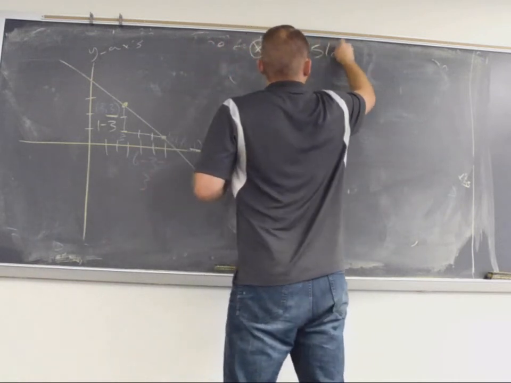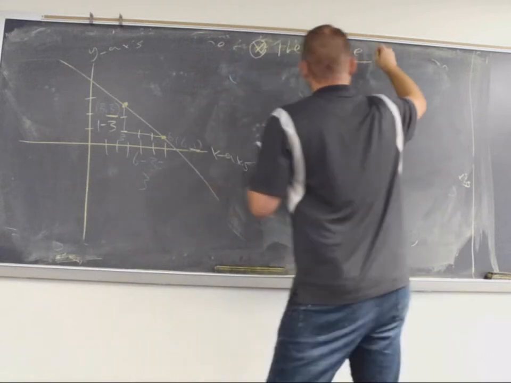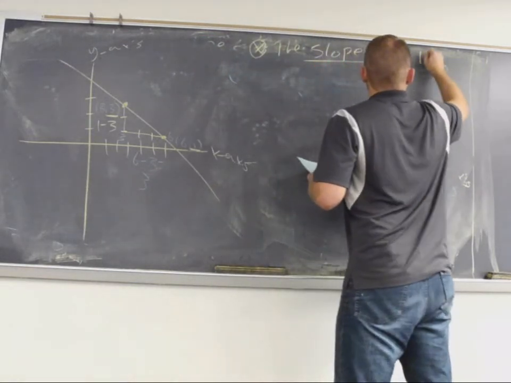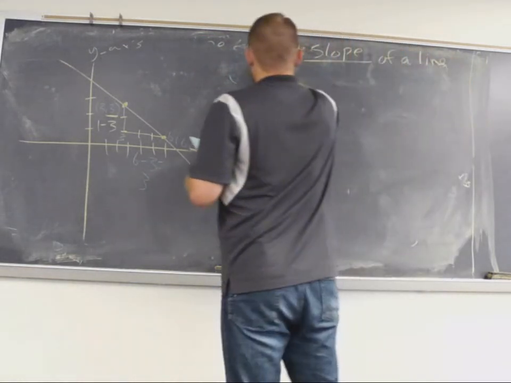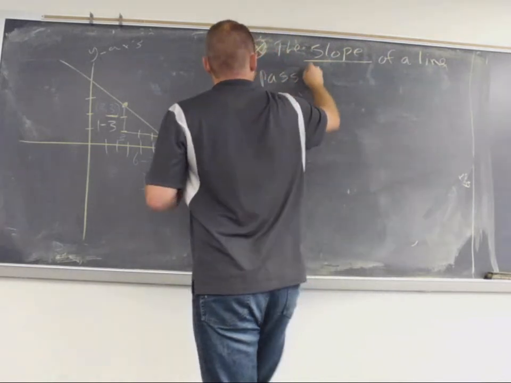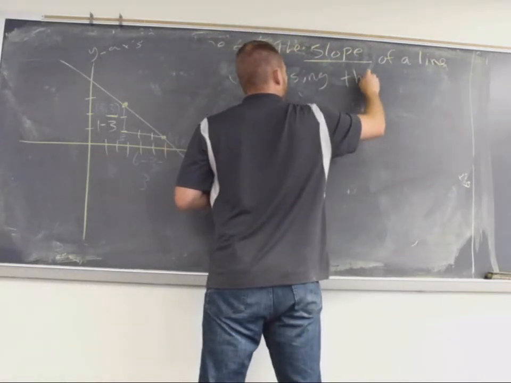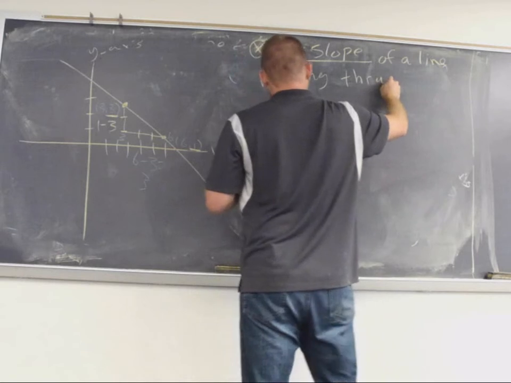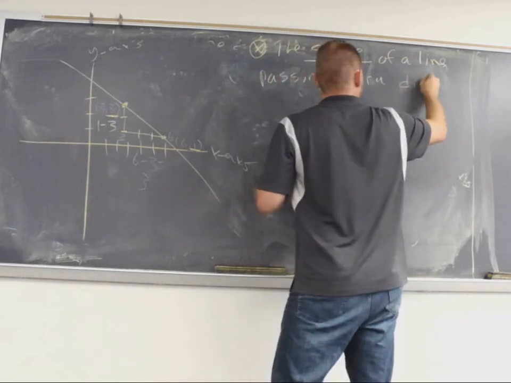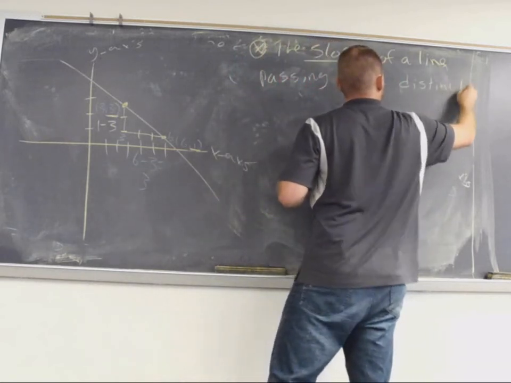The slope of a line passing through distinct points.